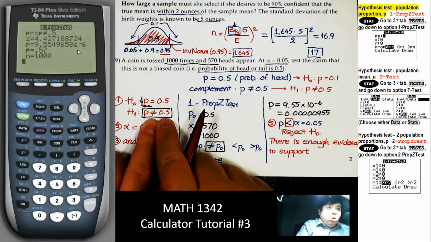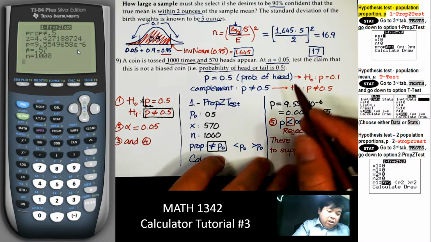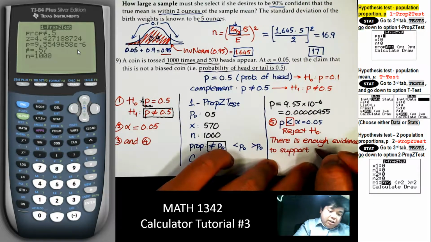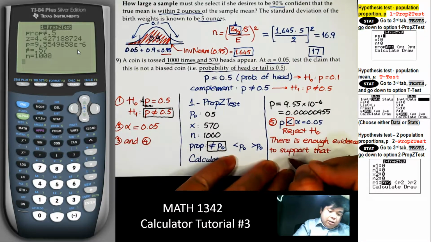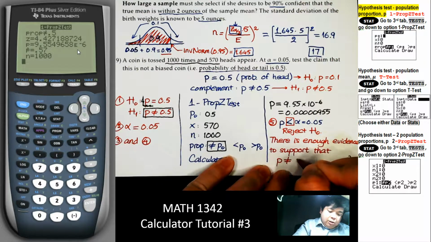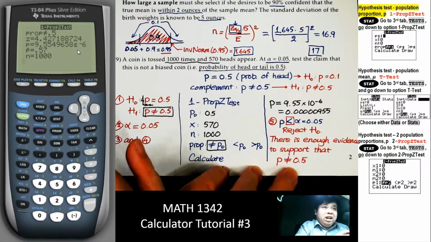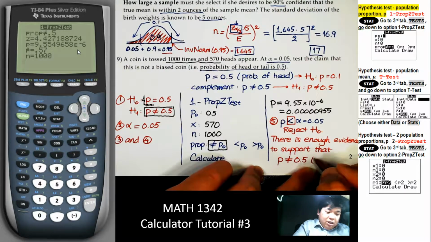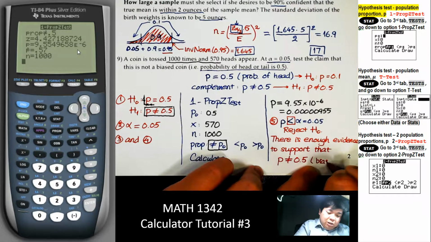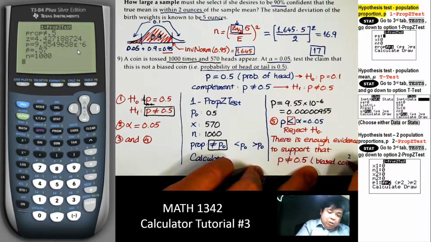And we reject H1 to support that P is not 0.5, which means the coin is the biased one, because the probability to get head is not 0.5, meaning this is not a fair coin, but a biased coin.